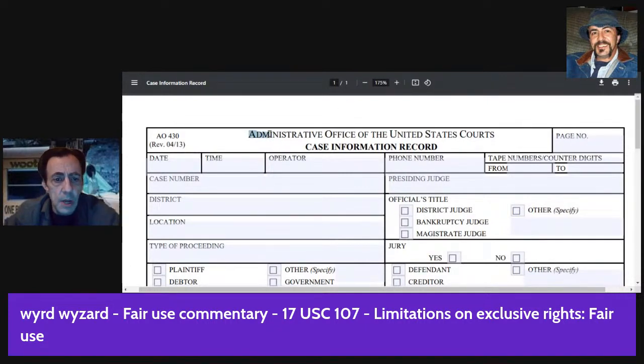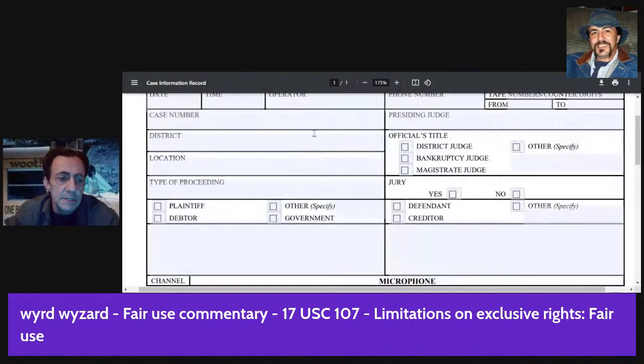according to the Administrative Office of the United States Courts, under Form AO 430, is recognized. Material facts evidenced that the plaintiff is one of these categories. He is either the plaintiff, other, you can specify, government, or debtor.